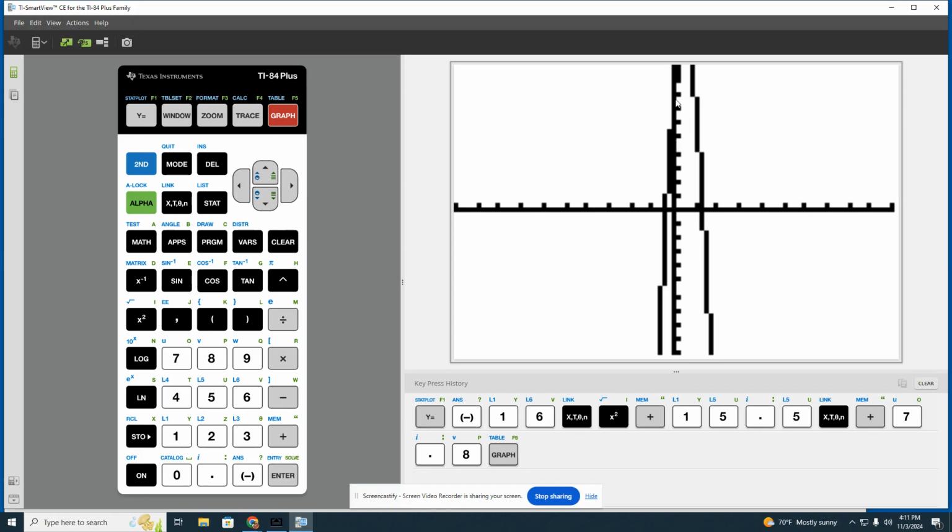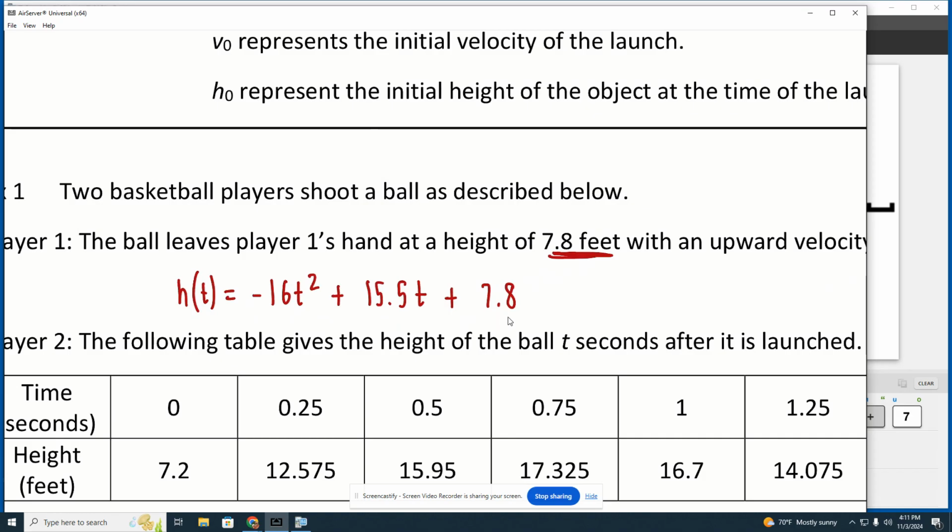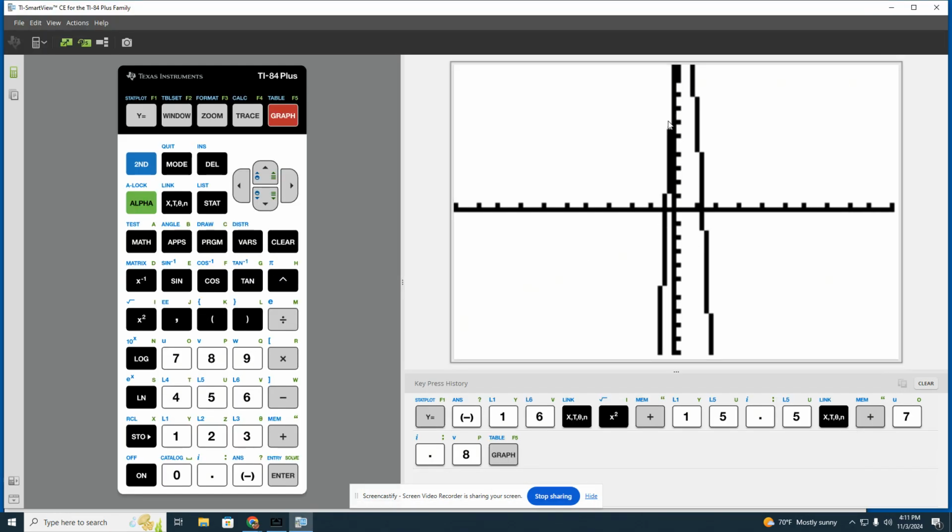Now again, I didn't just count that because I can see it. I can't see that any better than you can. But I remember that in my equation, the initial launch height was 7.8. That's where it crosses the y-axis. So the height that something is launched, what's the x value?